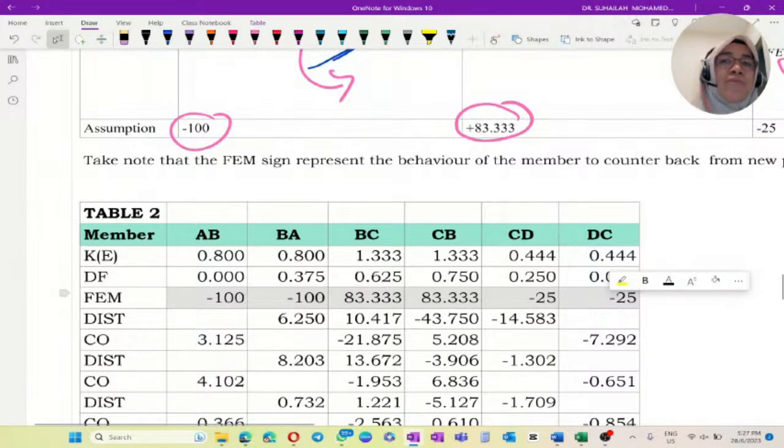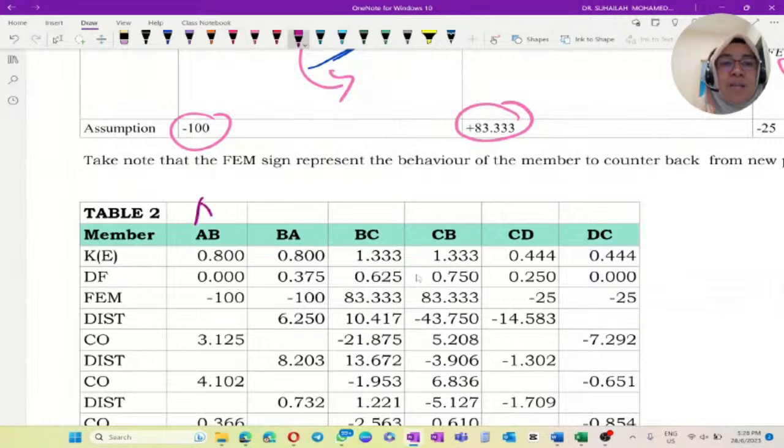Now this is the FEM. Remember, FEM is the first member end moment in the table, but the moment that we distribute in the table is not member end moment but joint moment, so we have to distribute joint moment.